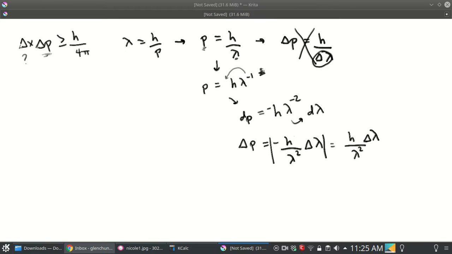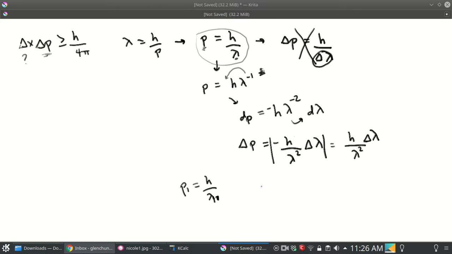Right. Now, why is this correct? How do you know that it is okay to use this calculus power rule, or quotient rule if you prefer, to find this formula for delta p? Here's how you verify that. If I know that p1 equals h over lambda 1, I'm just copying this equation and putting 1s on the variables there.